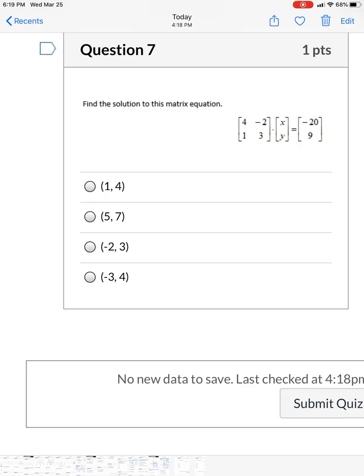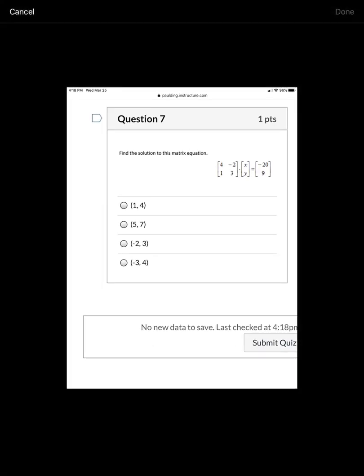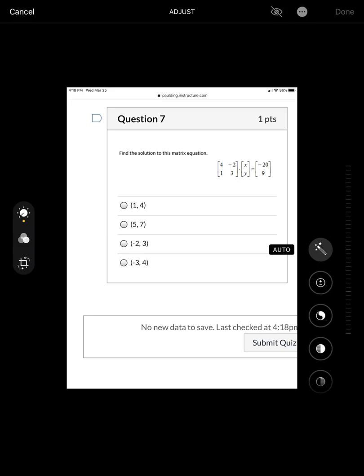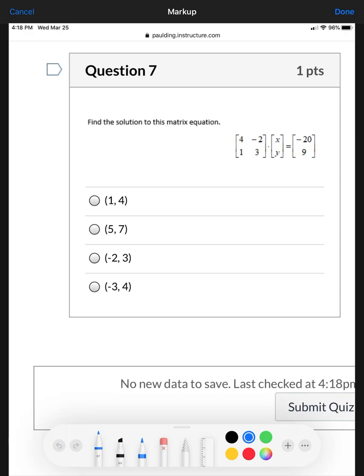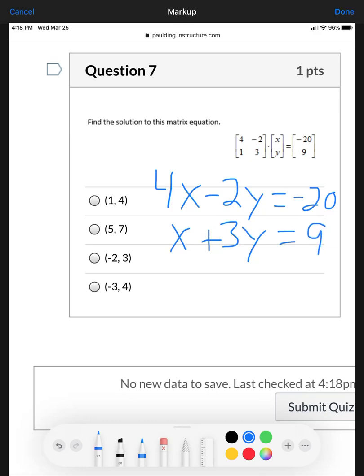So now find a solution. I'll go through, and this is the last one. Find a solution to this equation. Again, we'll solve this without the matrices. Just a nice, easy way to work with, going back to algebra. If this is the matrix equation, would you agree that this would be the original system of equations? Okay. Now, an easy way to do this is just plug your choices in.